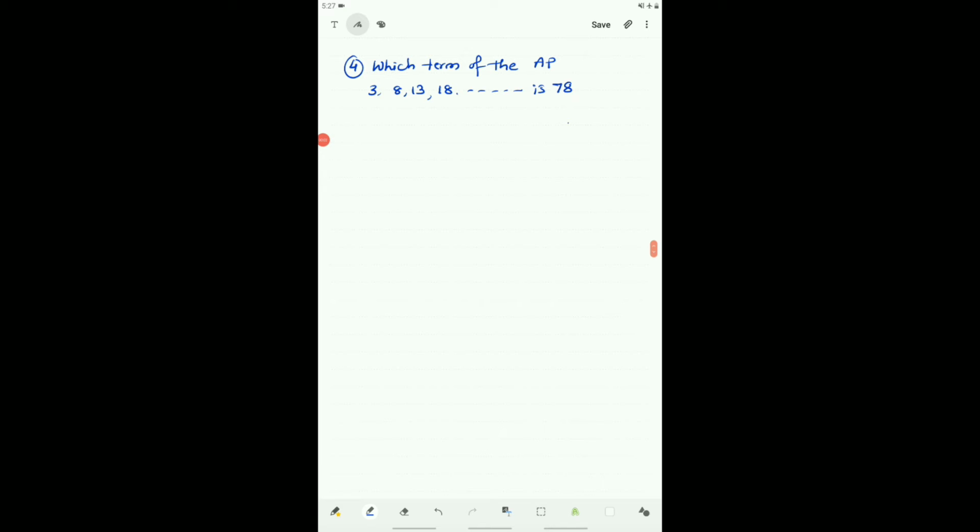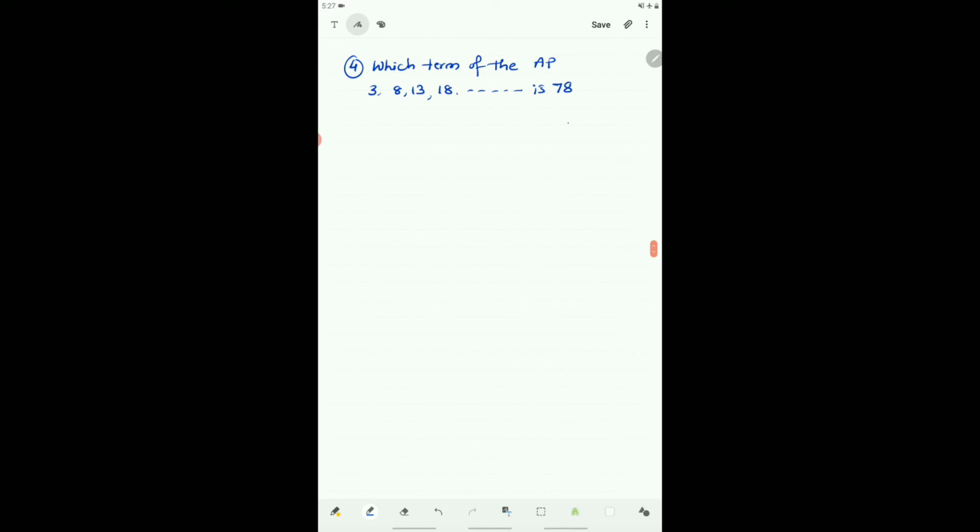Fourth question, which term of the AP 3, 8, 13, 18, and so on is 78? Here the AP is 3, 8, 13, 18, and so on, and 78 is also a term of that AP. Here we have to find out which term it is.